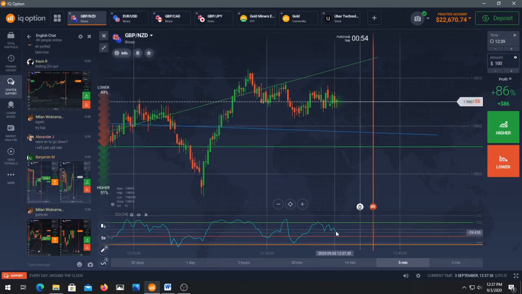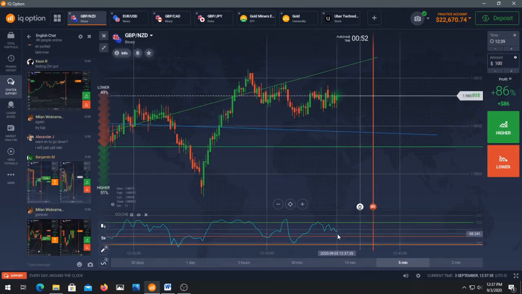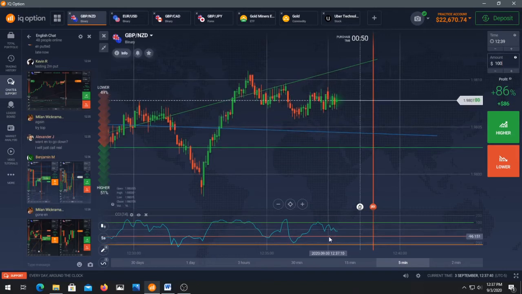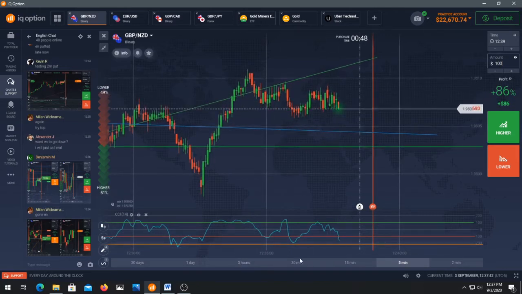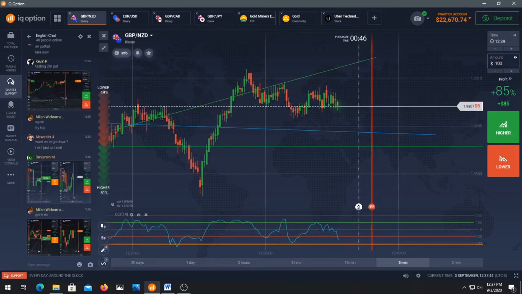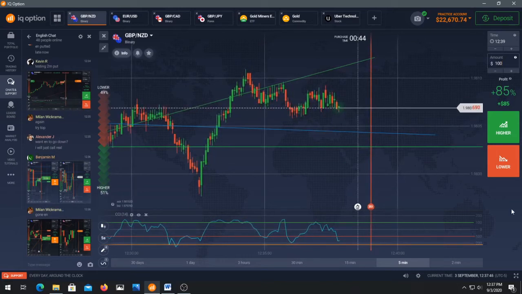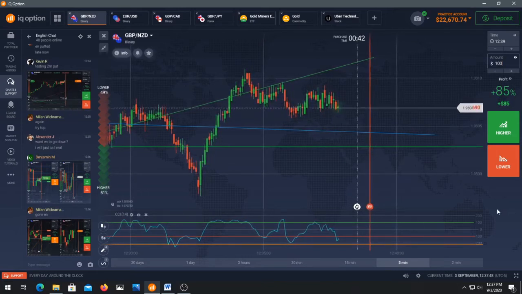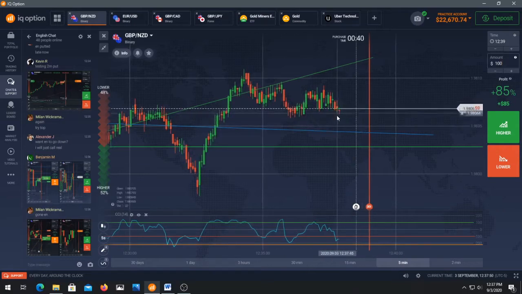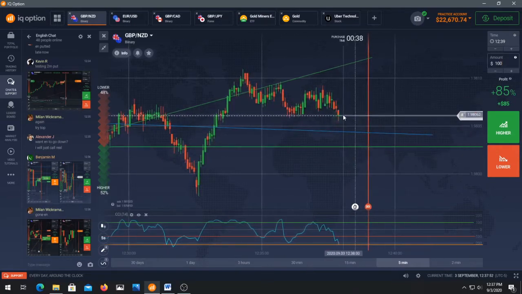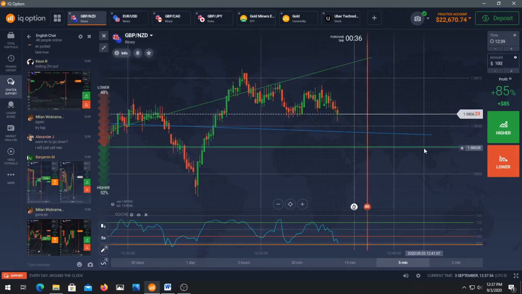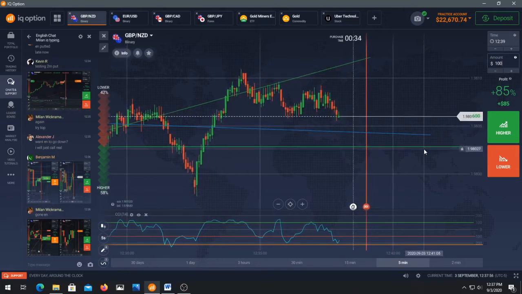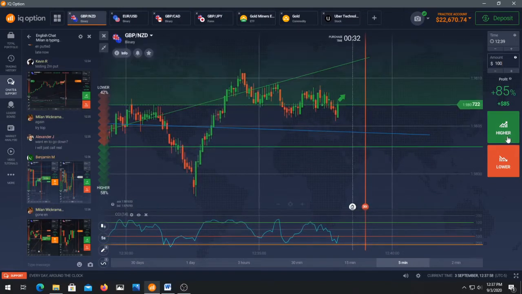It's right in the middle. Well, it changes again, so let's be patient. It's now being oversold, so that means we can look for an opportunity to buy. So let's look at the candlesticks, and based on these patterns, it's not a good point to enter. So let's see. This is a good candle.